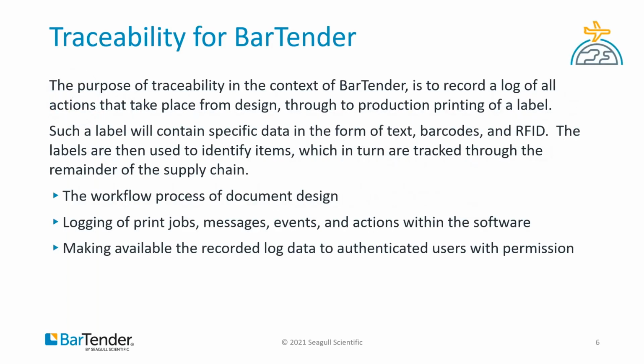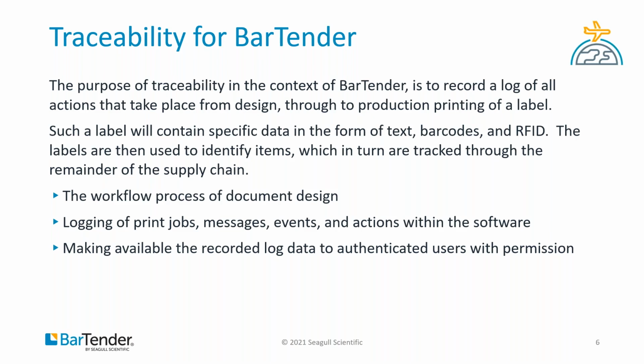So traceability for BarTender, what does that mean? Well, the purpose of traceability in the context of BarTender is to record a log of all actions that take place from design through to the production of printing labels. Such labels contain specific data in the form of text, barcode, and RFID.